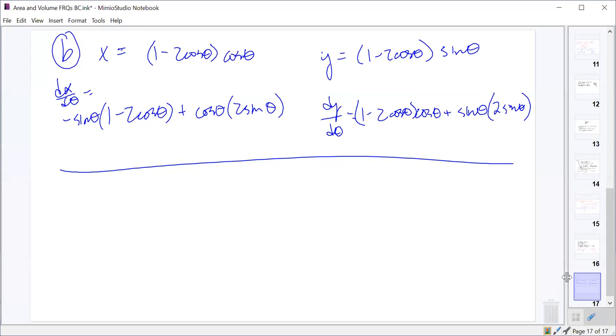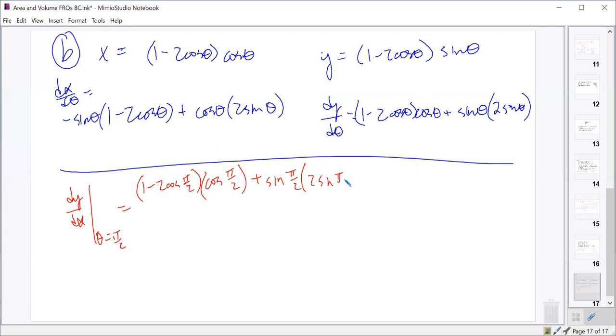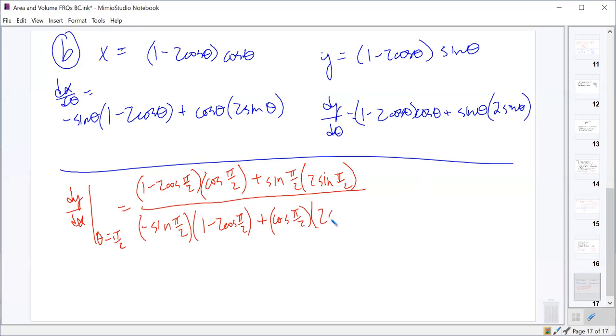We need a slope, which means we need dy dx at pi over 2, so we take dy d theta at pi over 2 and divide it by dx d theta at pi over 2.